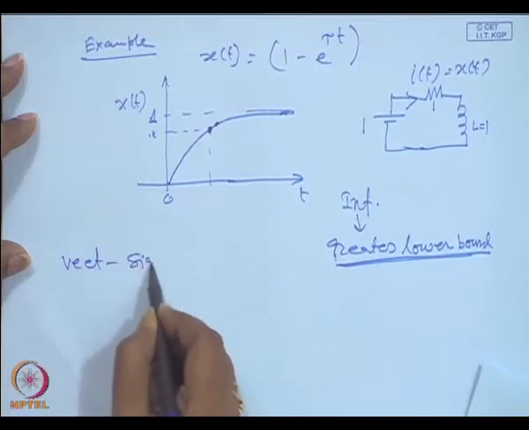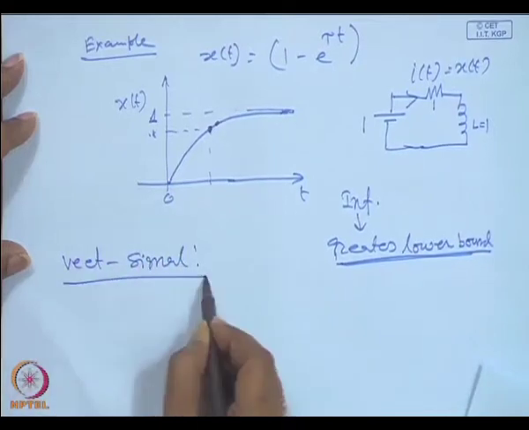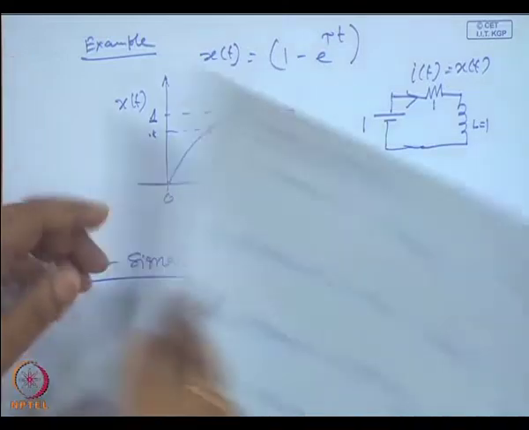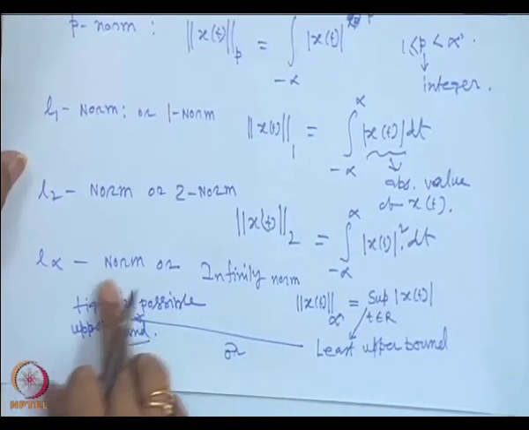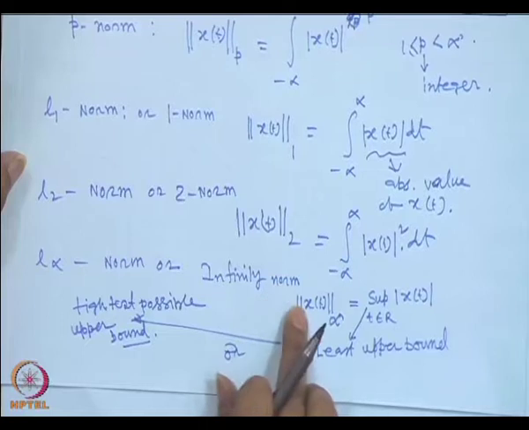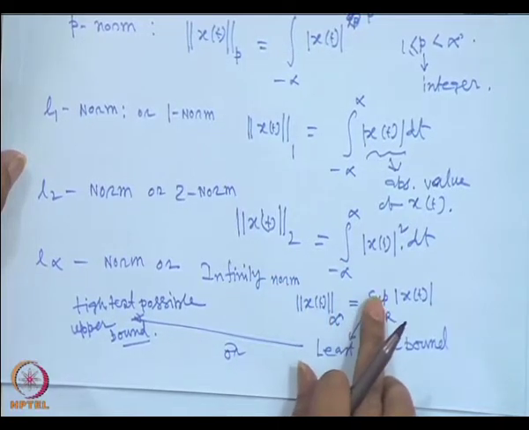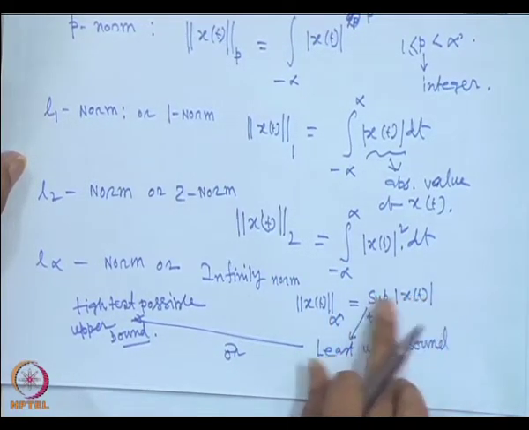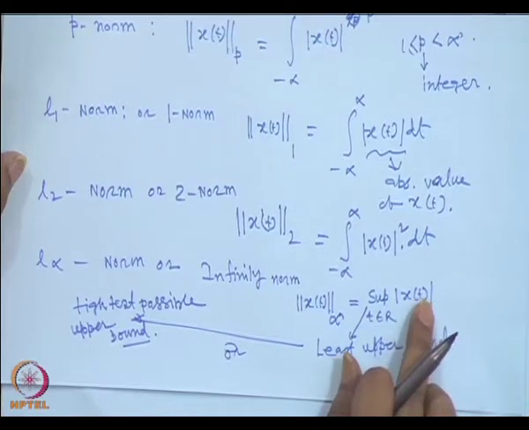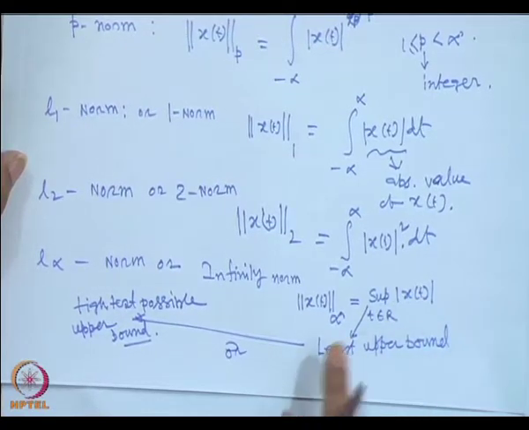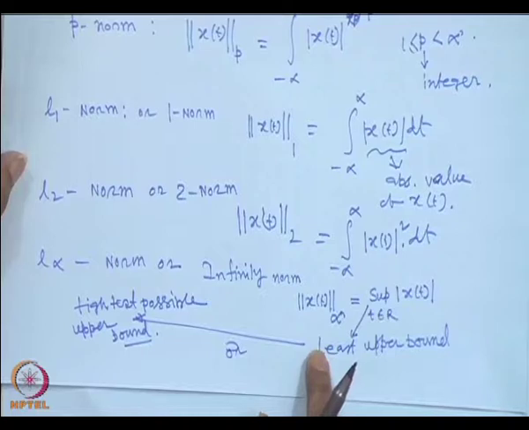So, in case of a signal, once again, the infinity norm of a signal is the absolute value of the supremum value of the signal. This indicates the literal meaning of least upper bound.